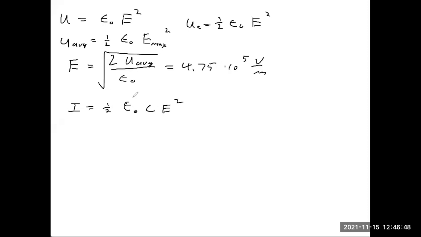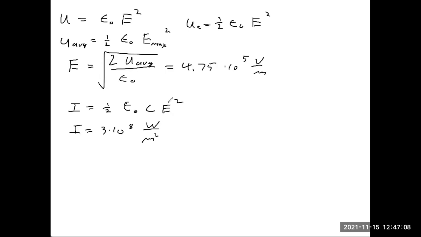And then we can just plug in because we have all of these values now. It works out to be 3 times 10 to the 8th watts per meter squared.